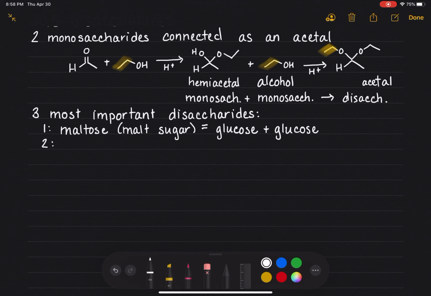The second one that we're going to talk about is lactose, which is the sugar that we find in milk. And it comes from combining glucose with galactose.